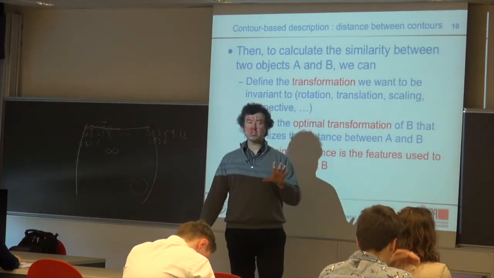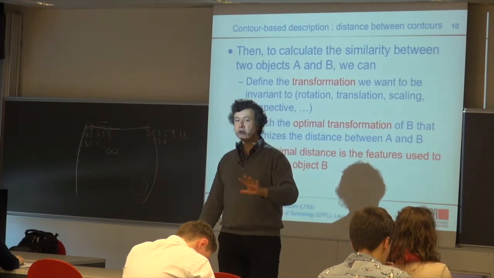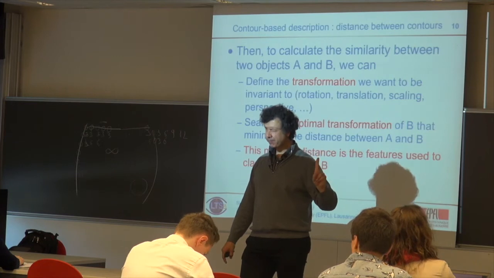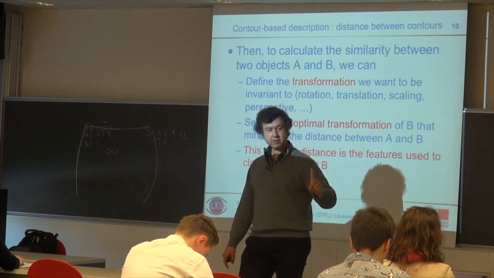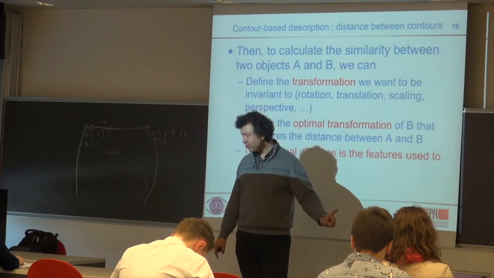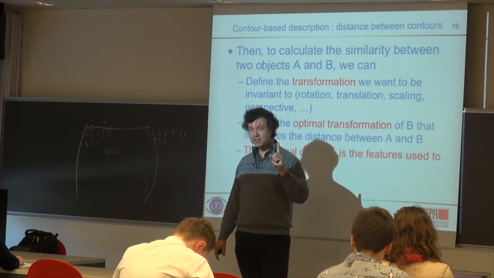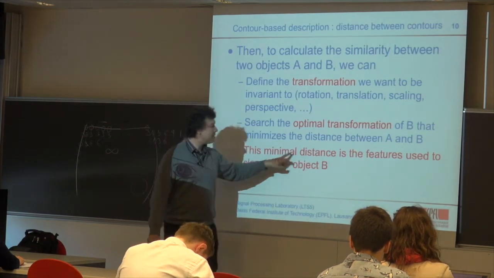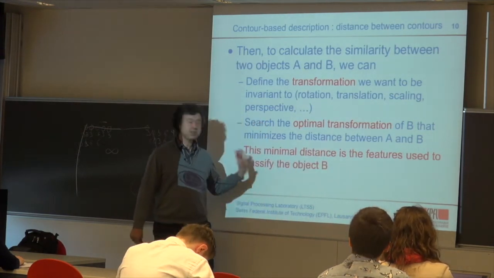The optimal transformation by the transformation you want to be invariant of. Minimum distance after a transformation that you want to be invariant of. That's the trick. When you have this trick, it's easy. And then the minimum distance at the end is the similarity after this transformation.